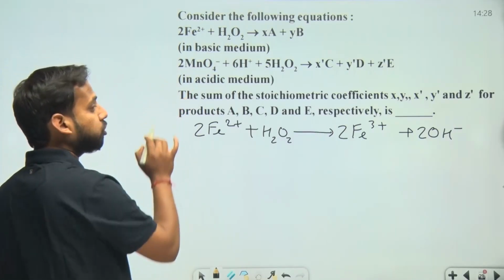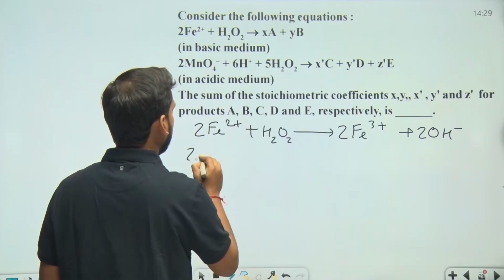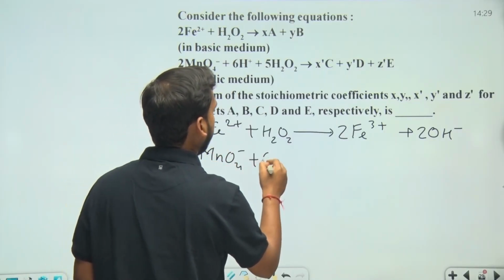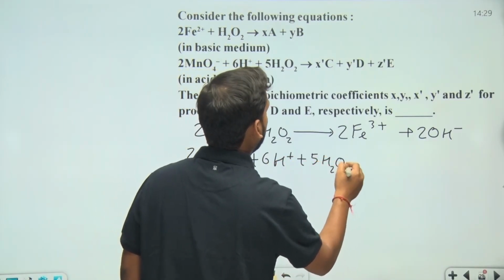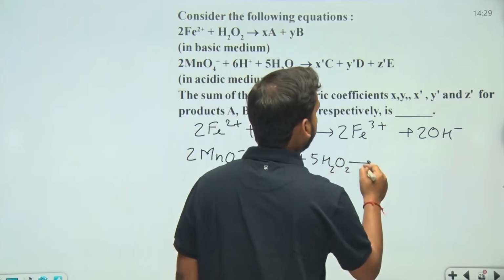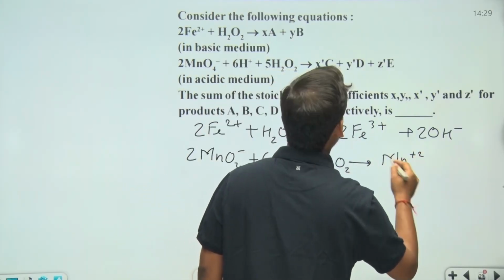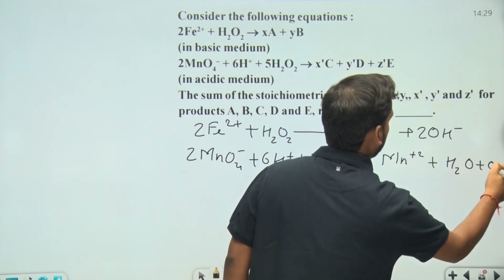Similarly for the second reaction, 2MnO4 minus plus 6H plus 5H2O2, giving X dash of C, that is it will convert into Mn plus 2 plus H2O plus O2.